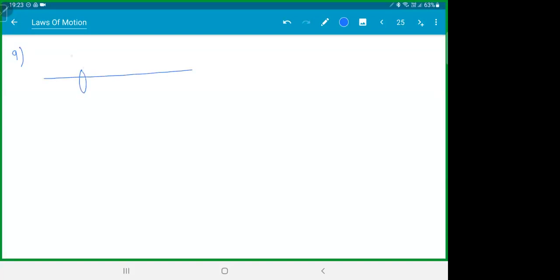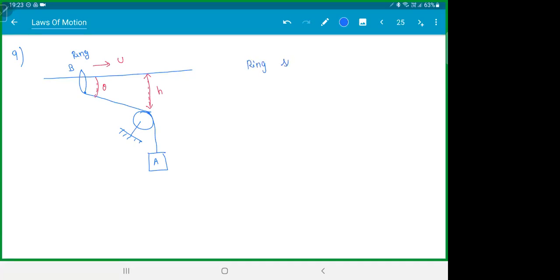We have a ring here. There is a string connected like this. And there is a block connected like this. Let's call this A and let's call this B. This distance is h. This angle is theta. And the ring is going with u speed.